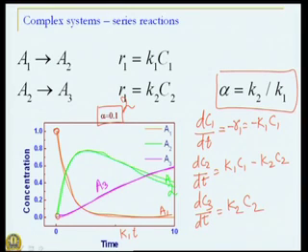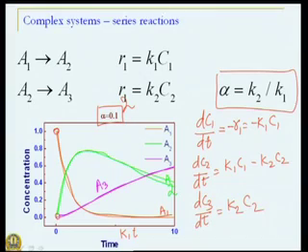Now, let us bring in a more realistic situation where we say that A1 going to A2 going to A3 is my reaction, but my main product or desired product is A2, and A2 going to A3 is an undesired reaction. I do not want it, but it is inevitable that it happens in the reactor. So, now what we will do is the same representation of concentration versus time.